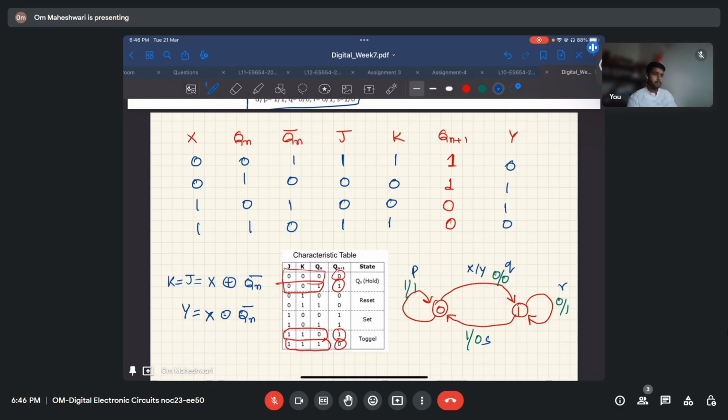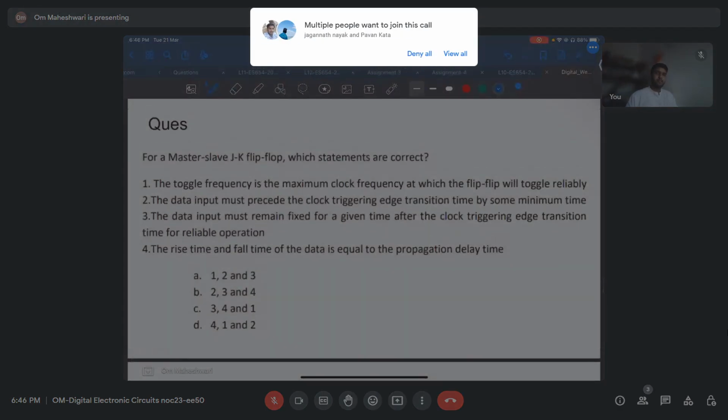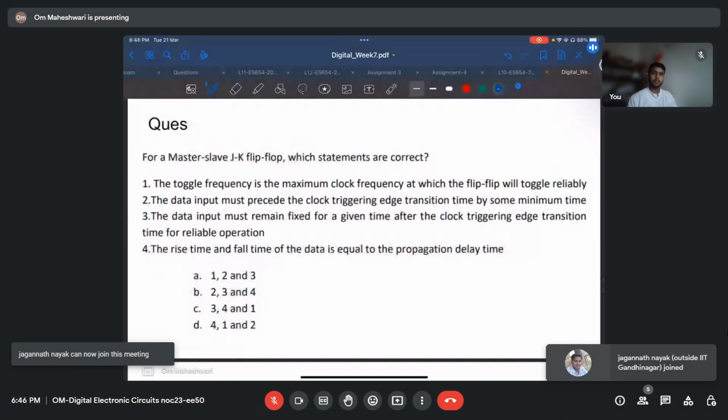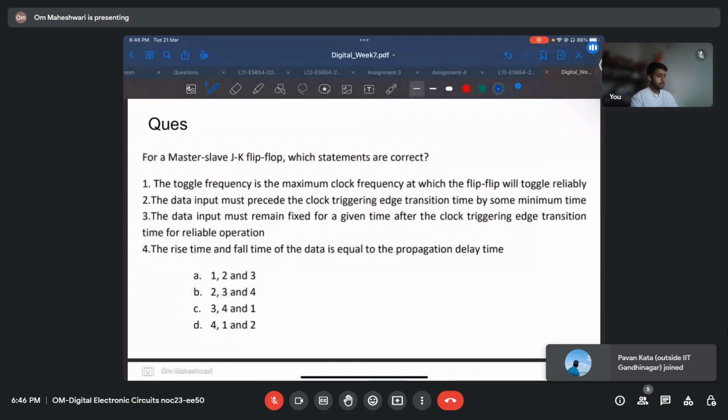So let us move on to the next question. For a master slave JK flip flop, which statements are correct? So the toggle frequency is the maximum clock frequency at which the flip flop will toggle reliably.